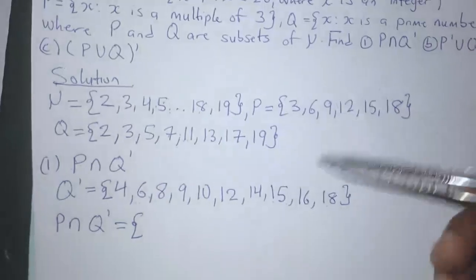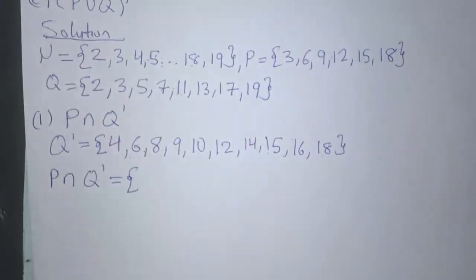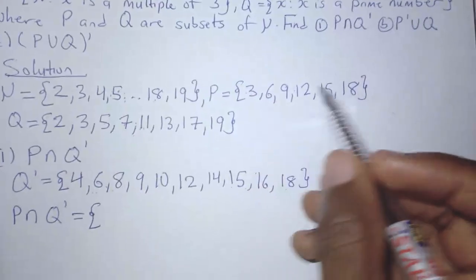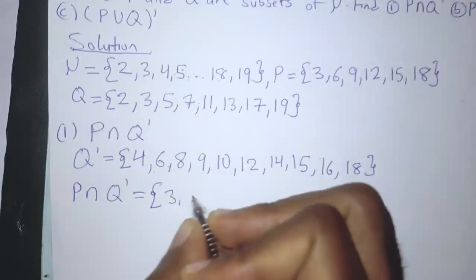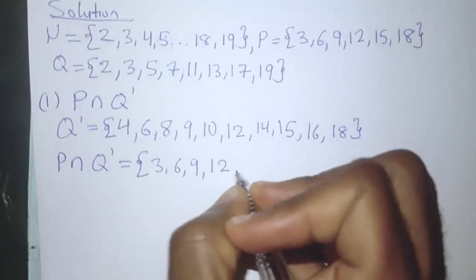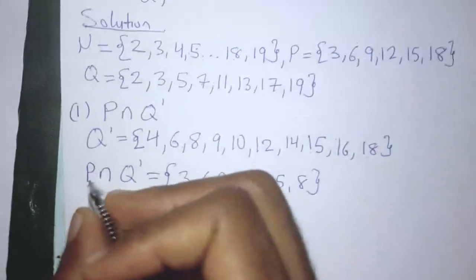So you check P and Q prime. If you like, you may write the elements there again. I will even prefer to do that so that we don't make mistakes. So the elements in P, write them out. We have 3, 6, 9, 12, 15, 18. So those are the elements in P.